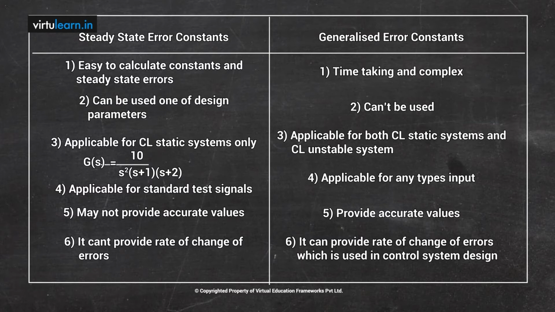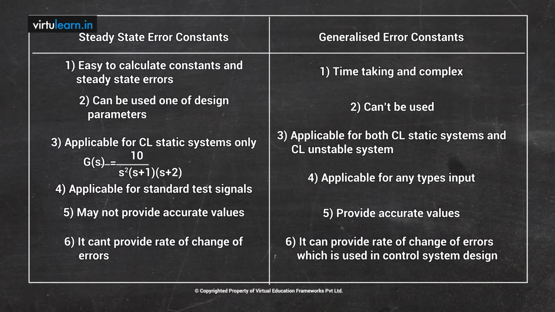Similarly, the steady state error constants, either Kp or Kv, Ka, can be taken as one of the design parameters as specifications. That means, let us say my system should have peak overshoot restricted to only 1% and settling time only 0.5 second.